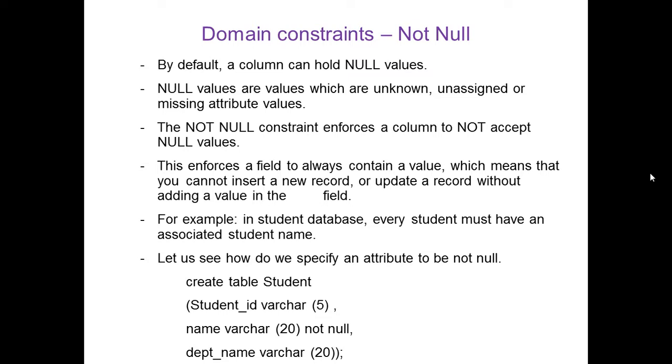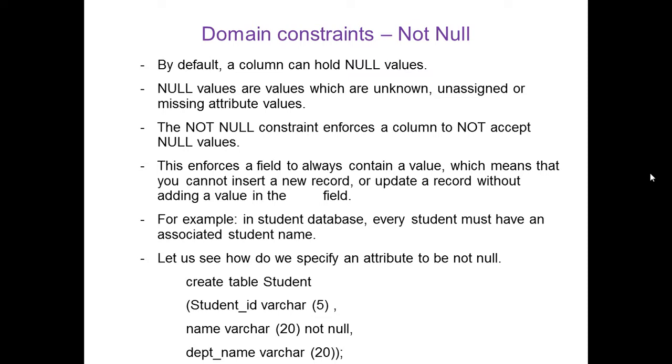Now how to give this? It can be given in create table command. So see the example, create table student. Student is the table name. Then first attribute is student ID. Its data type is varchar 5. Second attribute is name. Its data type is varchar, and we had given here not null.